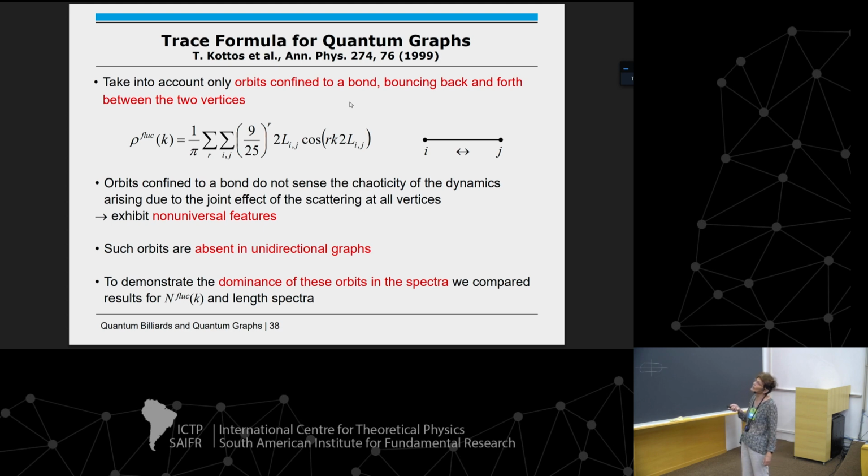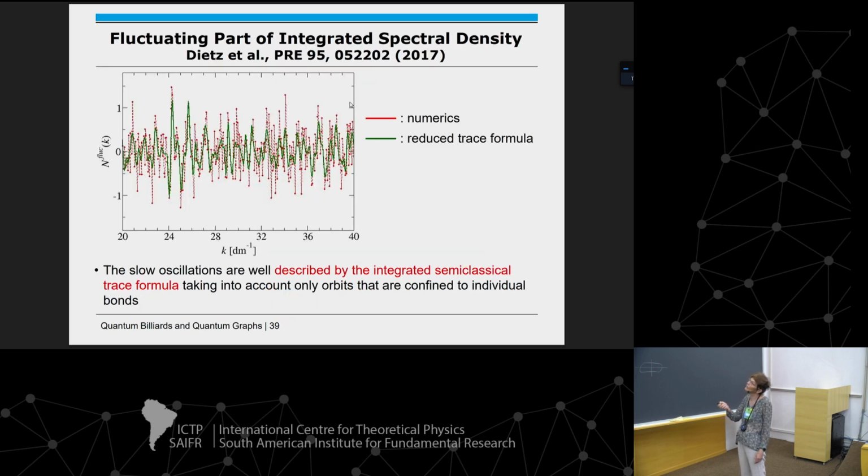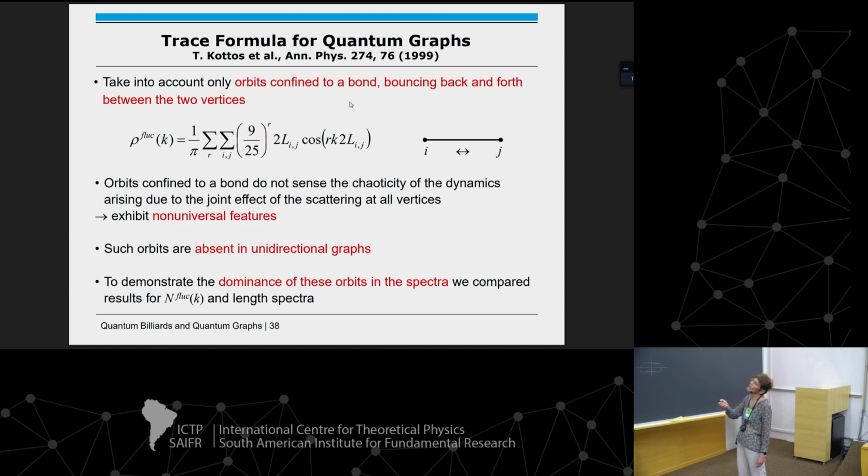And to see this, we looked at the exact semi-classical expression for these orbits. So from all the possible orbits, we just use from the semi-classical trace formula those orbits which correspond to this backscattering. We look at the Fourier transform, and also here just compare the fluctuating part of the eigenvalues with what you obtain when you use this trace formula.